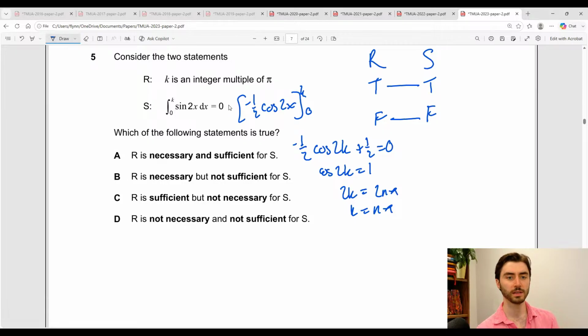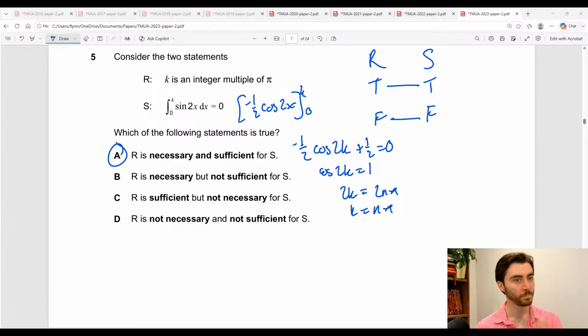Can you get this integral equaling 0 even if it's not an integer number of pi? No, because I think we just worked backwards. In order for this to be true, k must be n pi, so I think it is necessary and sufficient. So I think it's A. So 23, answer key, question 5, A, perfect.